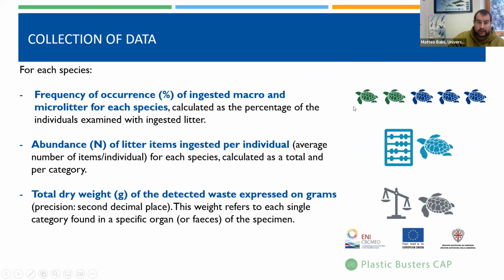You have to calculate the percentage of individuals with plastic and individuals without plastic within the area, the abundance of litter, and so the number of ingested items for each individual, calculated as total items for each category, and the total dry weight of the material expressed in grams for individuals.